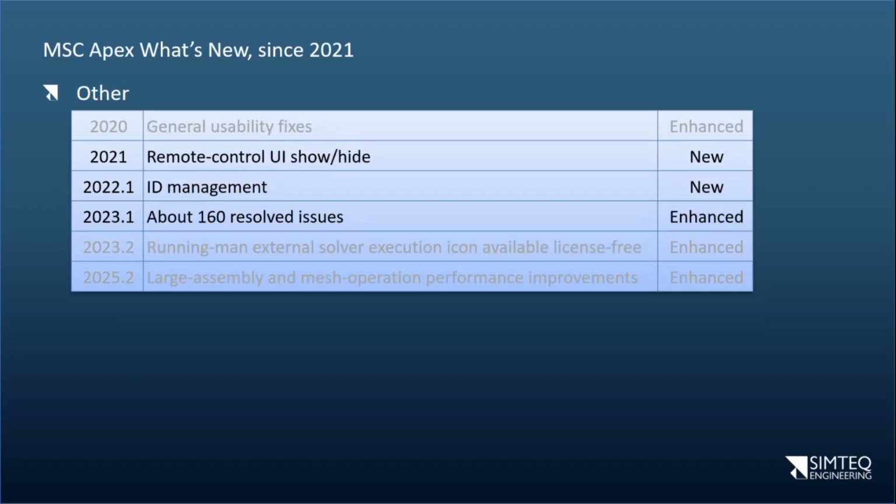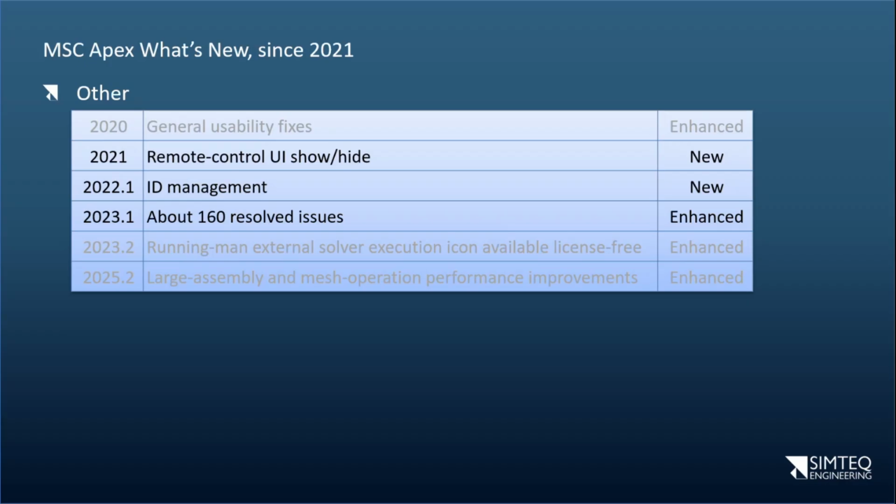And then just lastly, a few other features. So general usability fixes that was done in 2020. 2021 remote control user interface that can be shown or hide. 22.1 introduced ID management of entities, and 2023 was a huge bug solve release, about 160 issues that was resolved in that single release.